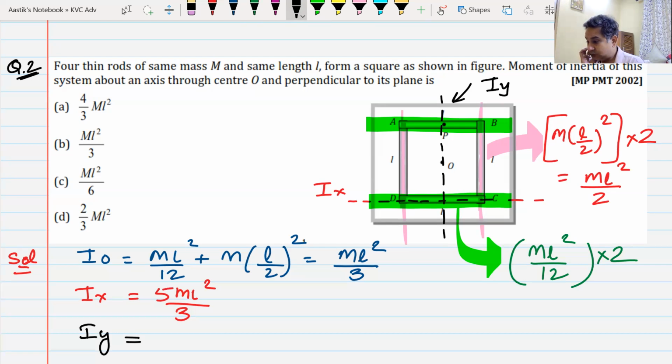Sir, it is 2 by 3 ml square. 2 by 3 ml square. I hope we have understood this. Yes or no? Yes, sir.